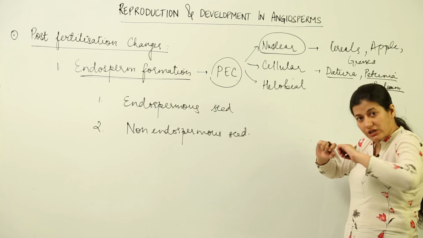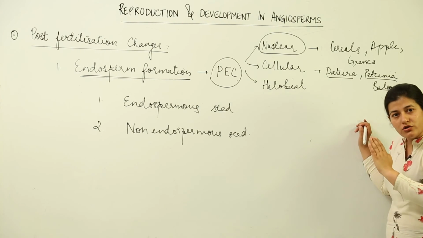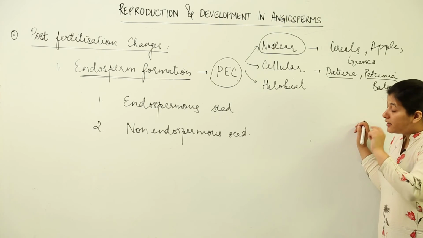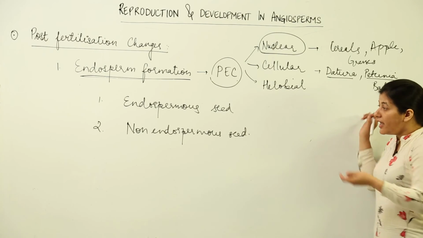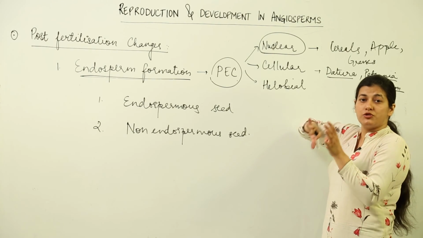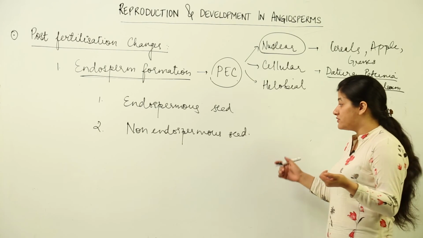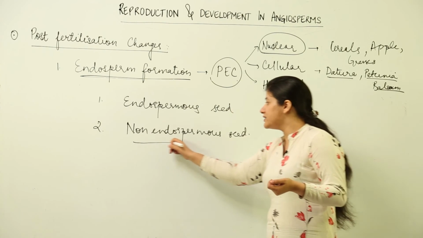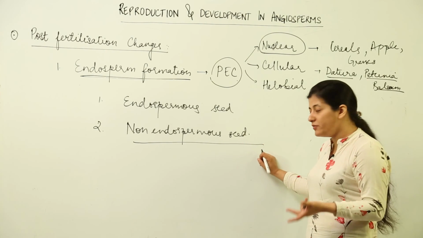Crushing is a better word than pushing, and the nucellus is almost crushed. The endosperm is being consumed, the nucellus is gone, and if the endosperm is completely consumed, that means the seed becomes dry, which is known as non-endospermous seed, or we call it non-albuminous seed.